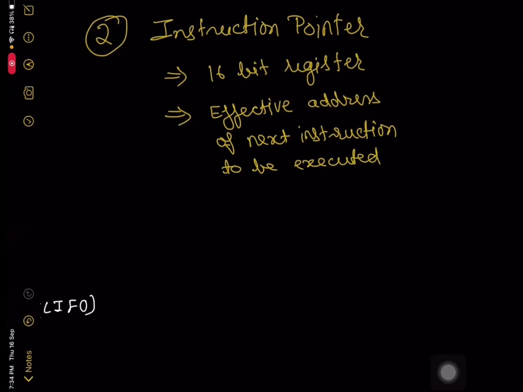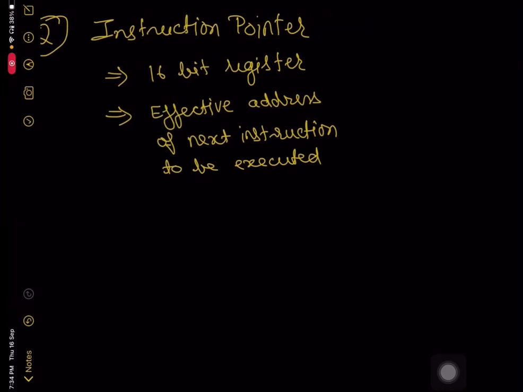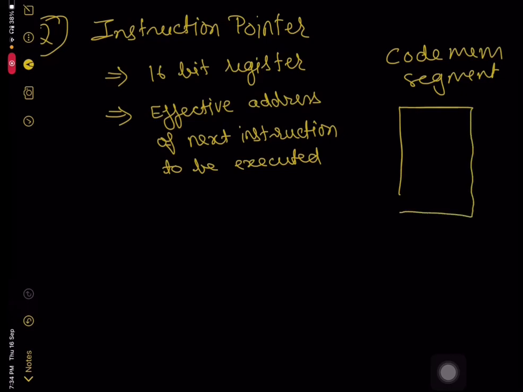As we discussed, code memory segment contains the code which the user has saved. Now this particular code is taken from the memory and is brought into the microprocessor.